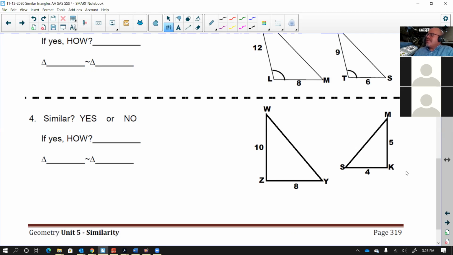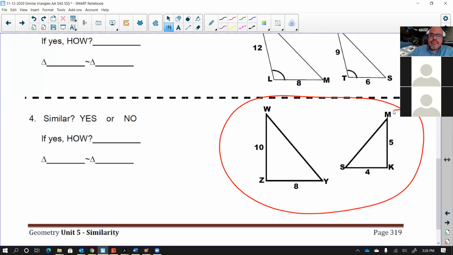Are you sure it's a right triangle? No, I'm talking about these two guys. Do they tell you that you have right triangles, out of curiosity? They look like right triangles.